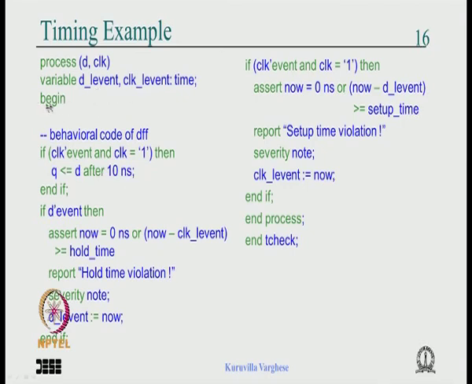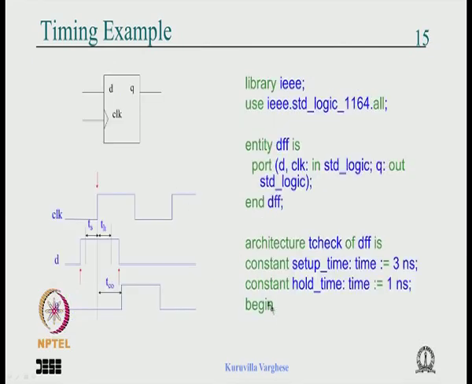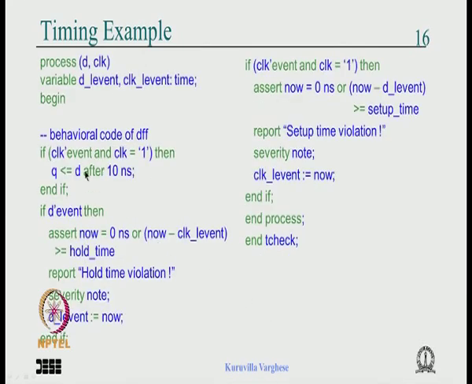And then begin. This is the process begin, earlier was the architecture begin, and now we write the behavioral code for the flip flop. If clock'event and clock is equal to 1 then Q gets D after 10 nanoseconds, end if. As I said, when you write any code please include reset; to make the code short, because I have less screen space, I am avoiding it.